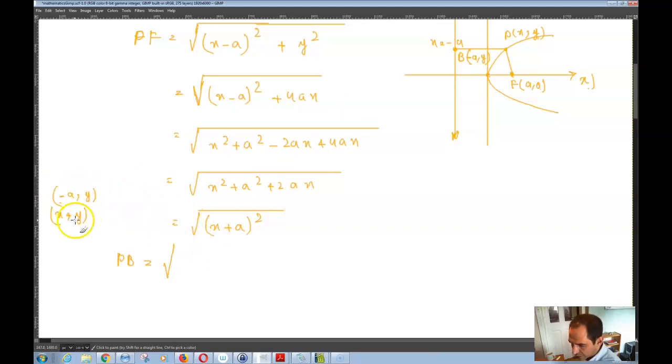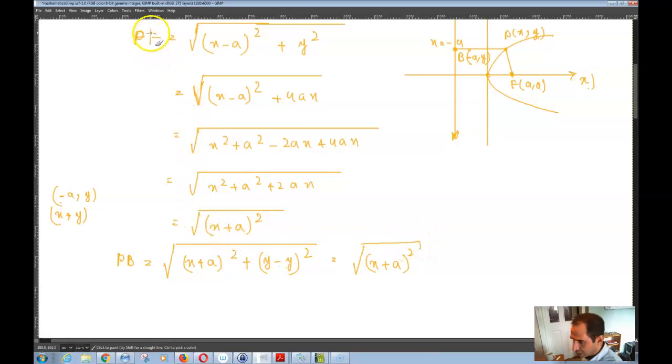So to find the distance between these 2 points, which are essentially P and B, you can write x2 minus x1, so x plus a whole squared plus y minus y whole squared, which is equal to the square root of x plus a whole squared plus 0 squared, which is equal to x plus a.